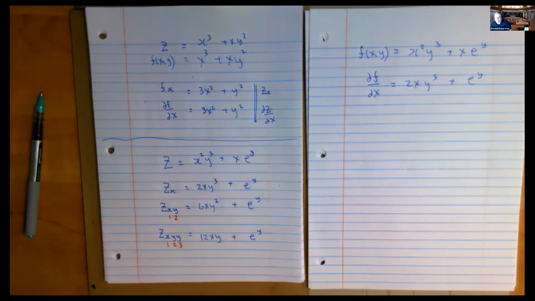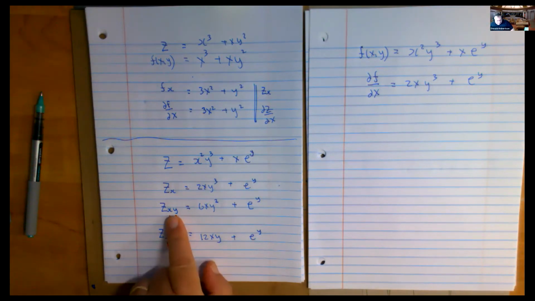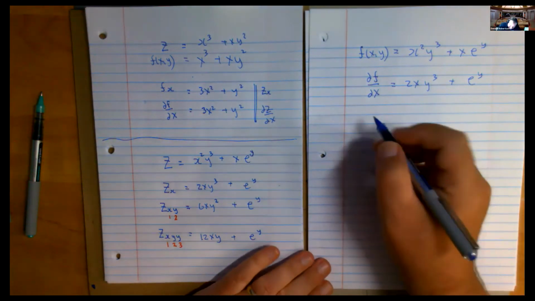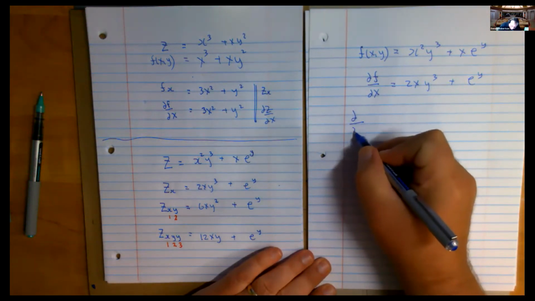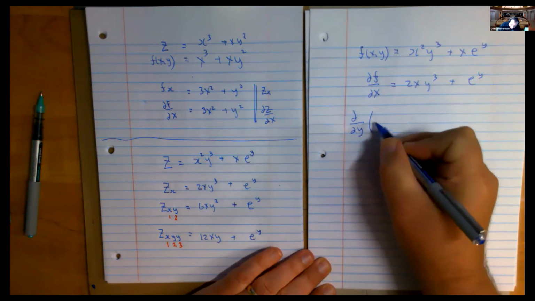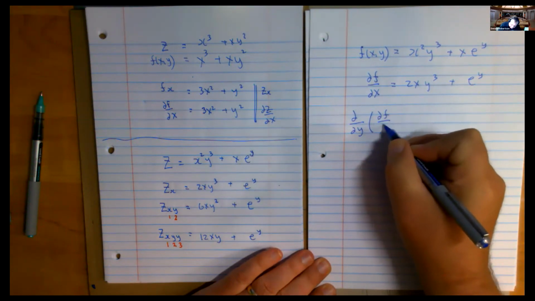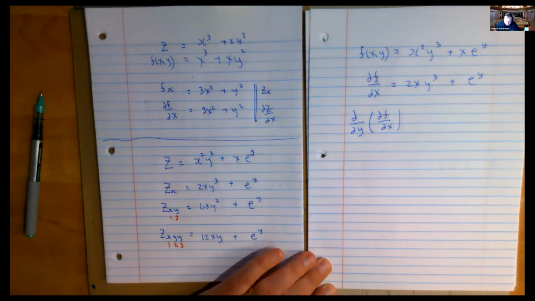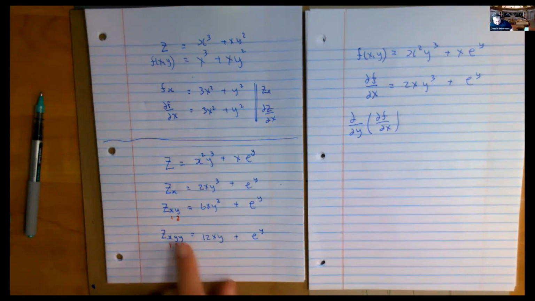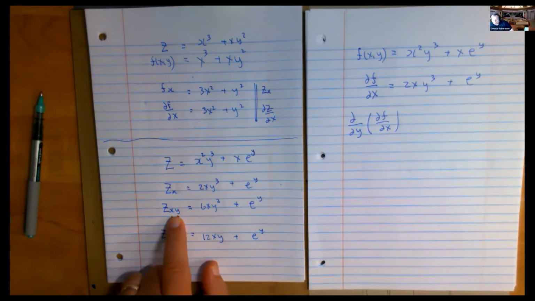Now the awkward part. Suppose I wanted to do this partial derivative, x and then y, right? X first, y second. What that is saying is that you want to do a partial derivative with respect to y of that one. That's essentially what this is, right? X is first, y is second.